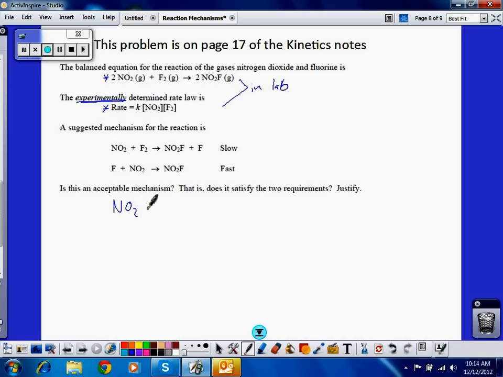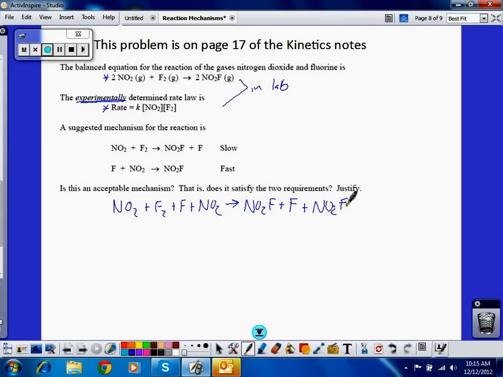So NO2 plus F2, plus F plus NO2. There are all my reactants on the reactant side, and on the product side I have NO2F plus F plus NO2F.